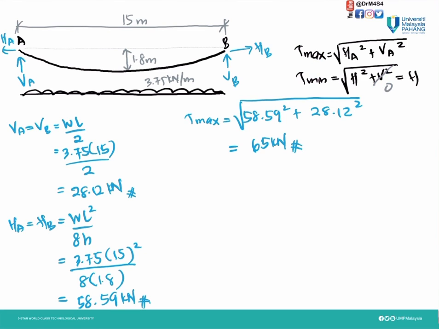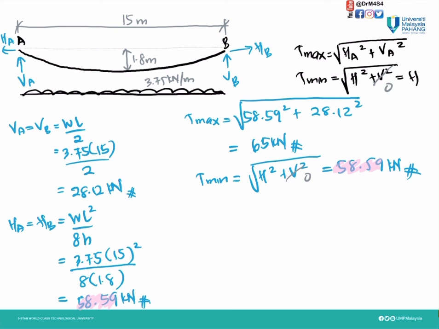For the Tmax, our HA or horizontal force is 58.59, power of 2. Then our V is 28.12 power of 2, square root, and we get our Tmax as 65 kilonewton. And Tmin equals H.